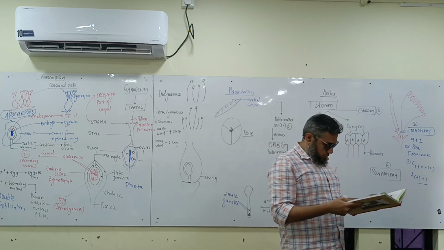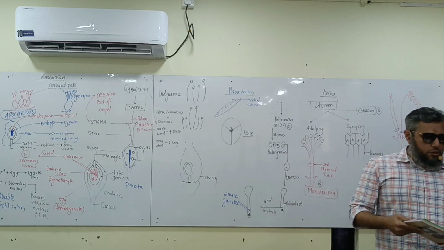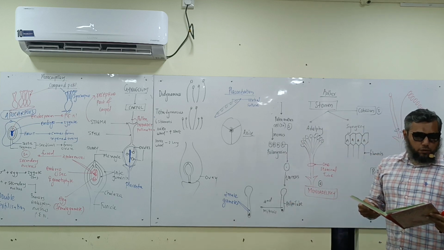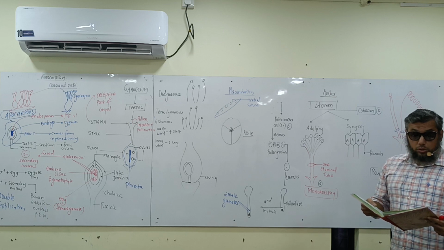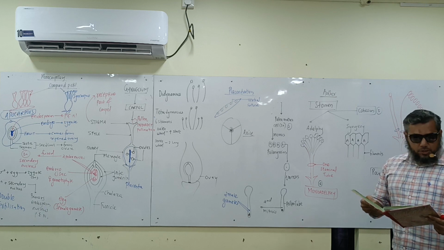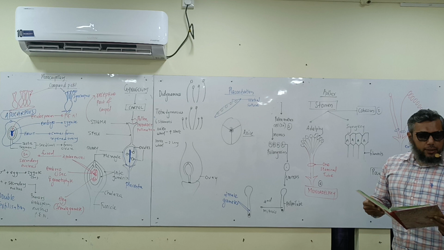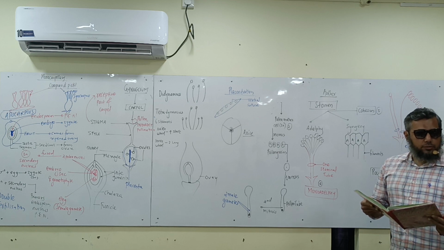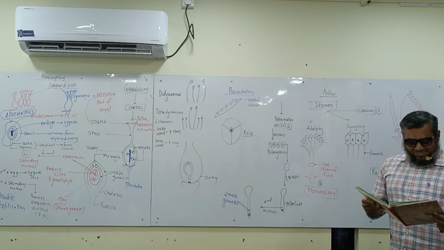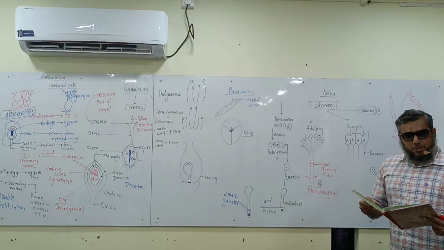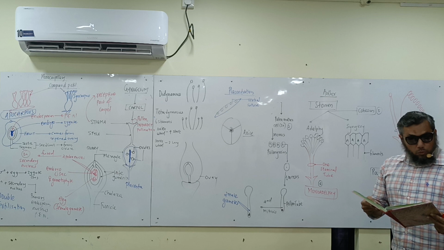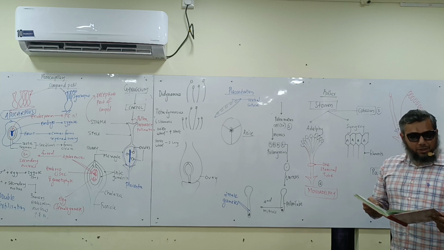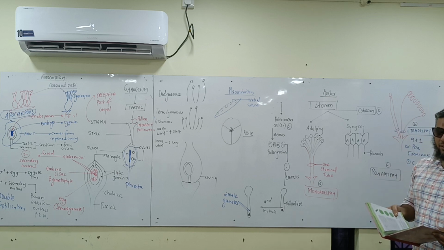Didynamous condition. Okay? How is didynamous? Total how many? 4. 2 short, 2 long. For mustard you write tetradynamous condition. And in tetradynamous? 4 short outer ones, 2 long inner ones.